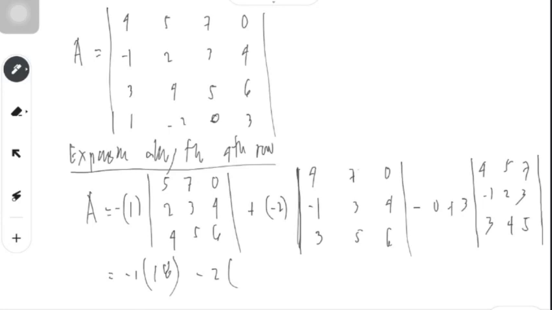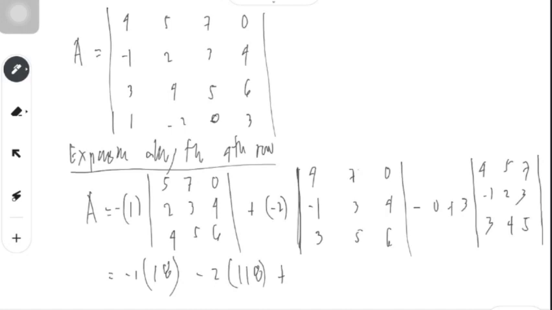Then, minus, 0 na ulit. 4 by 5 is 20 times 4. Then, minus again. 6 times 1 times 7. Anong sagot mo dito? 118 po. Oh, 118. Sige.